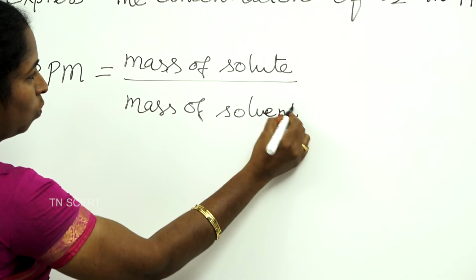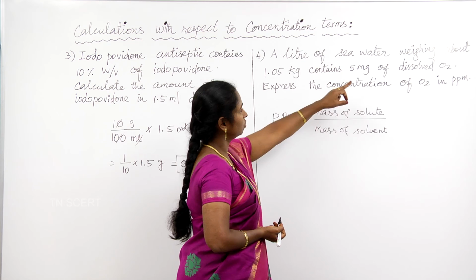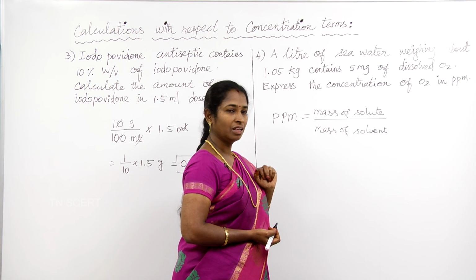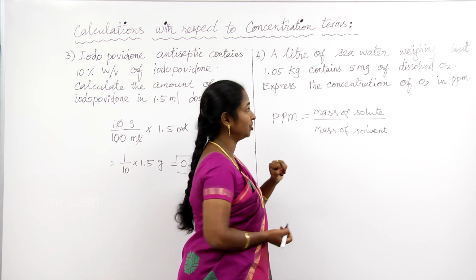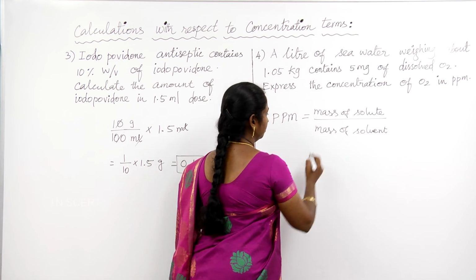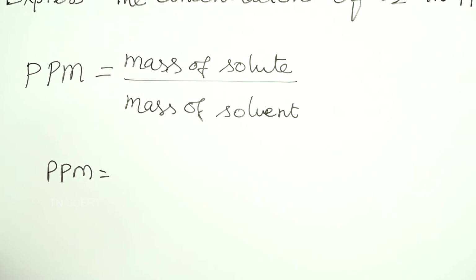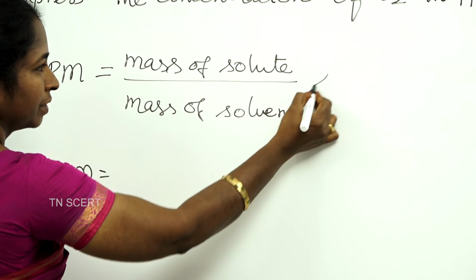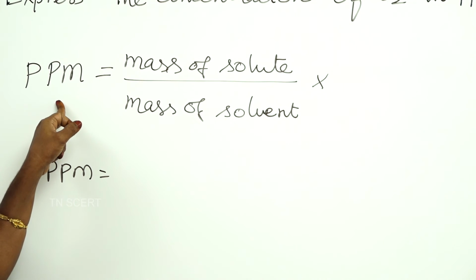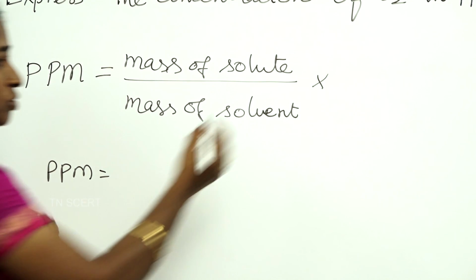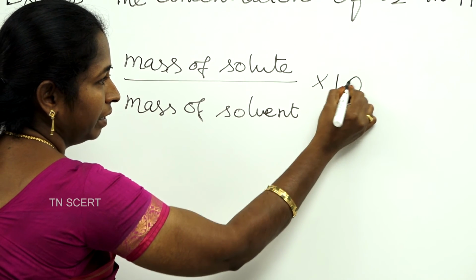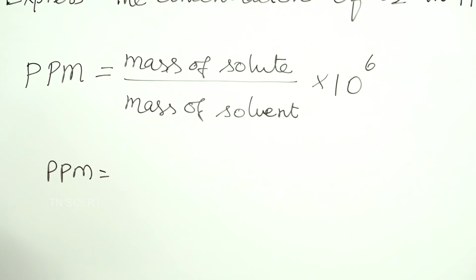Tell me, what is the solute here? Solute is dissolved oxygen. What is the mass of dissolved oxygen? 5 milligram. So, ppm is equal to, sorry, I left something here. This should be given for parts per million, so it should be multiplied by 10 power 6.